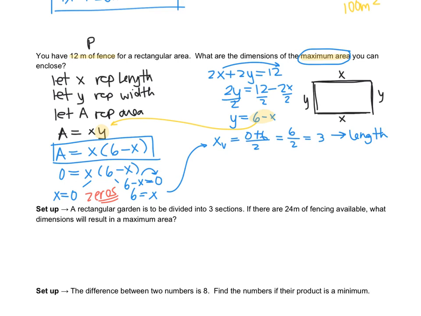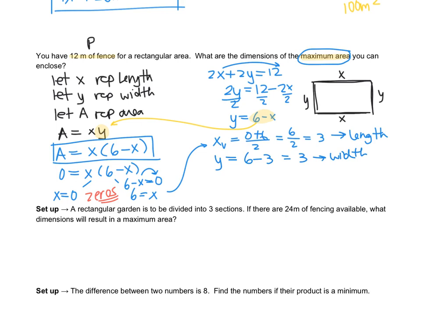So now that I know what my length is, I can sub 3 into my y equals 6 minus x, and that will give me my width. So y equals 6 minus 3, which is 3. And there's my width. And if I multiply 3 times 3, I get 9. And we know that for a regular rectangle, the maximum area occurs when you have a square, and we just showed it algebraically.